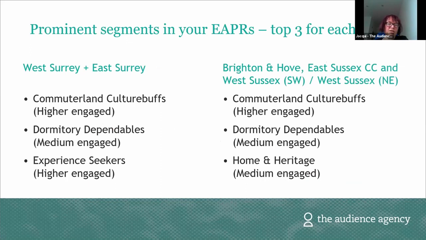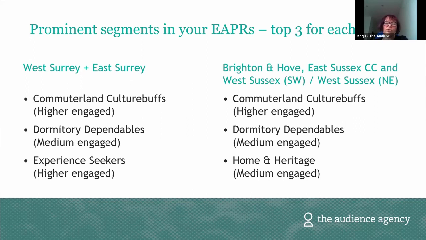So in the Surrey profile, the most prominent segments are community and culture buffs, dormitory dependables, and experience seekers. And for the Sussex profiles, the most prominent segments are almost the same: community and culture buffs, dormitory dependables, and home and heritage.